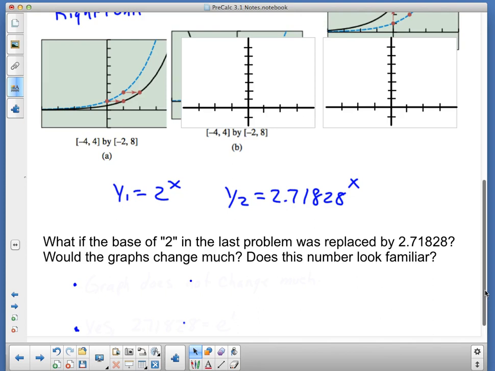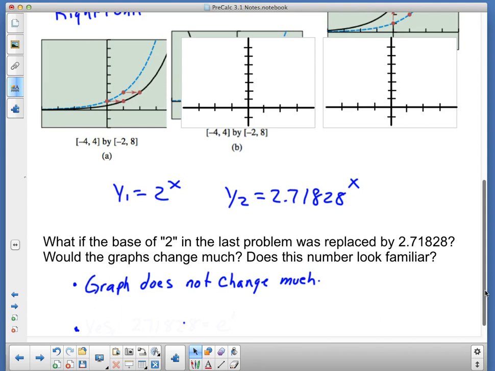It's so exciting watching them in their color. Now it's a little different, isn't it? Do you see it? Just a little different. It comes across, but it goes up faster, that 2.718. The graph doesn't change much, it just goes up a little higher.